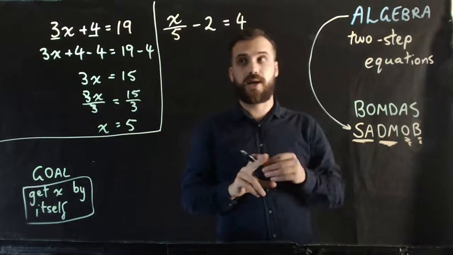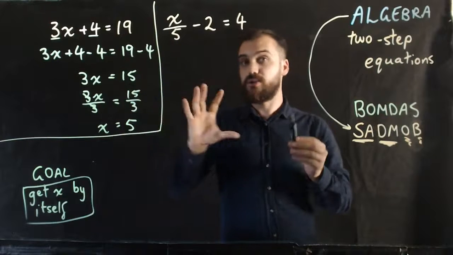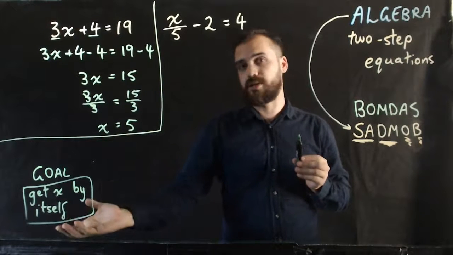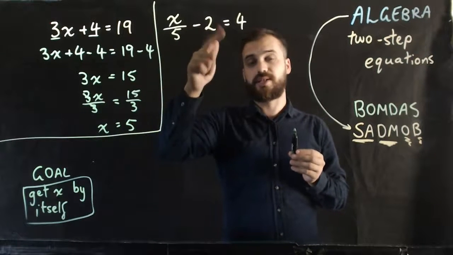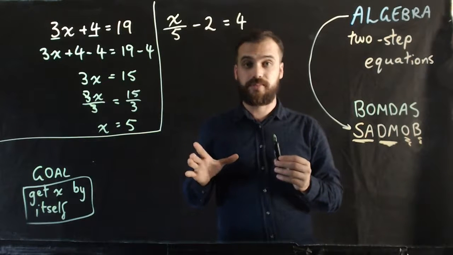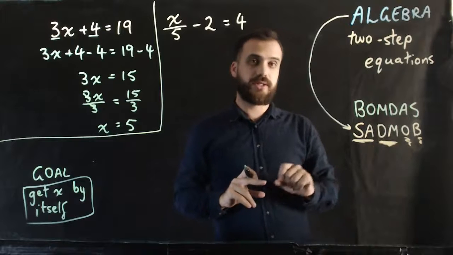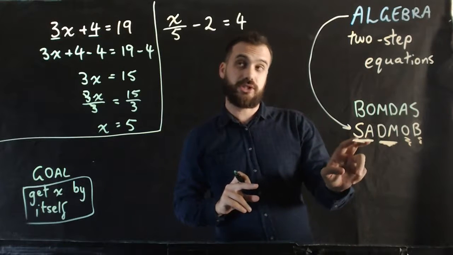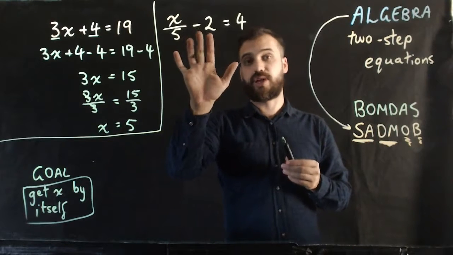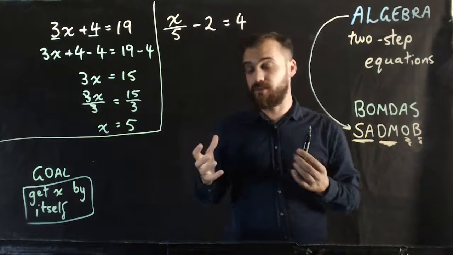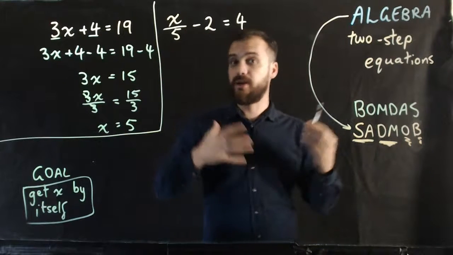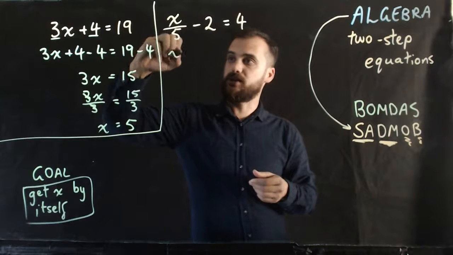Minus 2 plus 2 equals 4 plus 2. You can see I've added 2 to both sides here. That means that minus 2 and plus 2 are going to cancel out. And on this side, we're going to be left with x divided by 5. And on this side, 4 plus 2 equals 6. Now, we've got a simple one-step equation. x divided by 5.